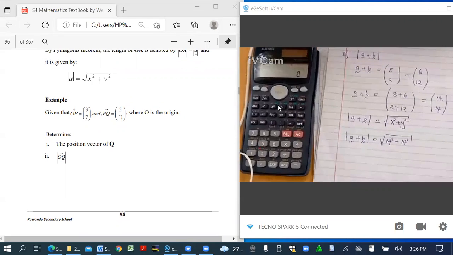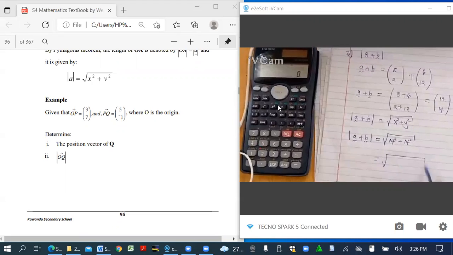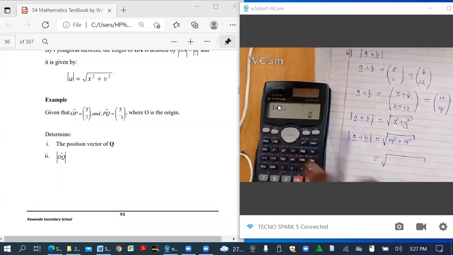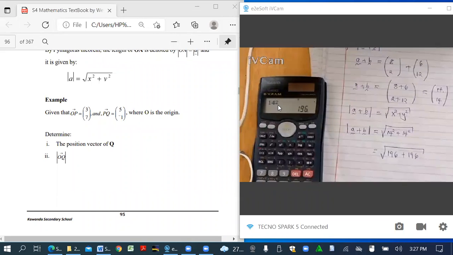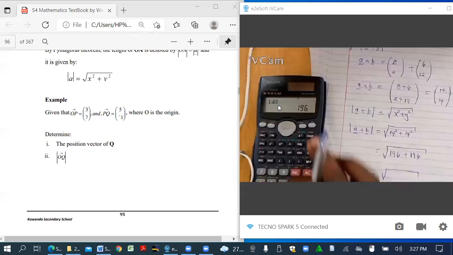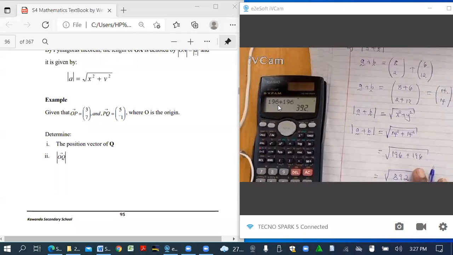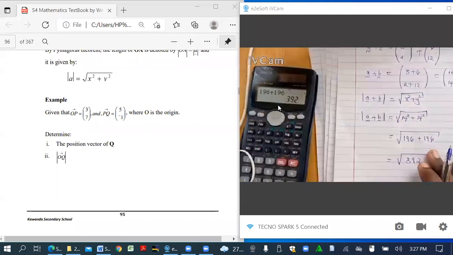What is 14 squared? 196. 196 plus 196, what do you get? 392.